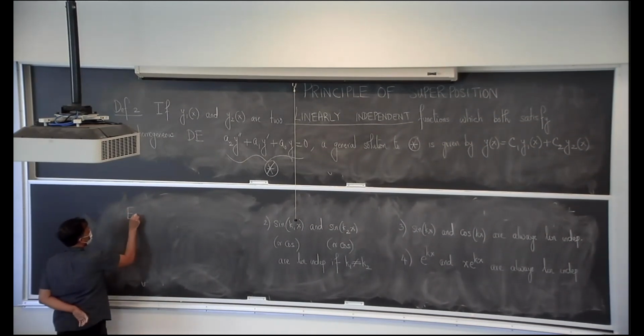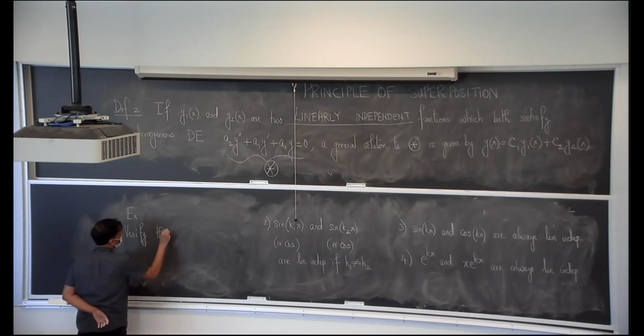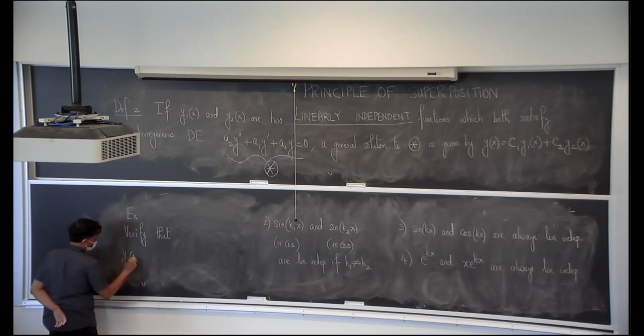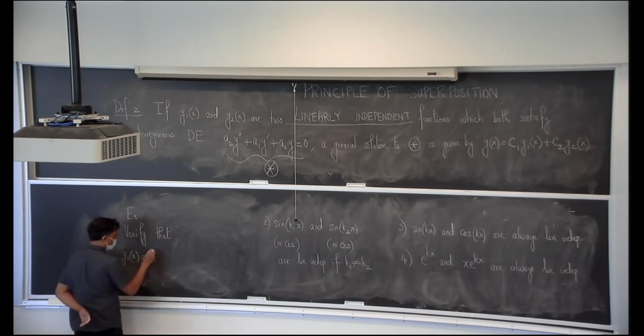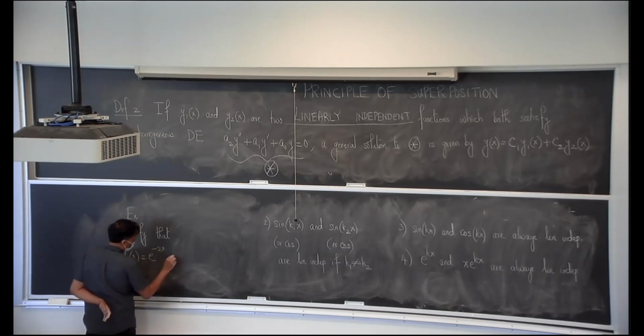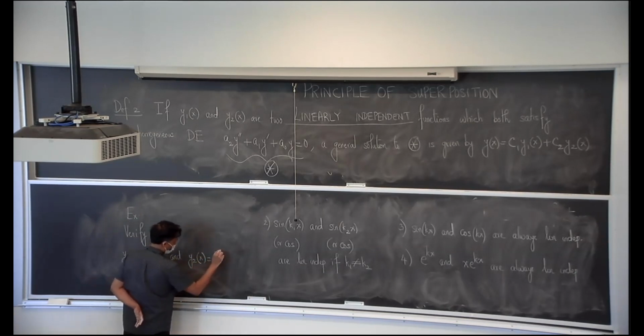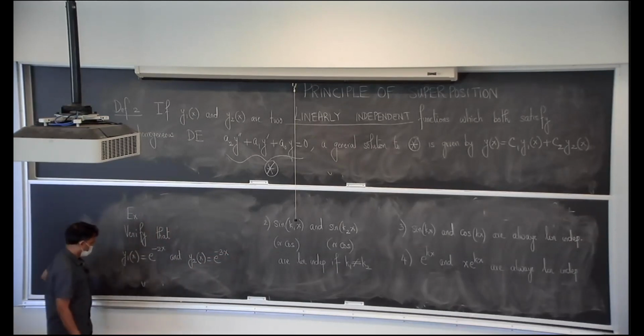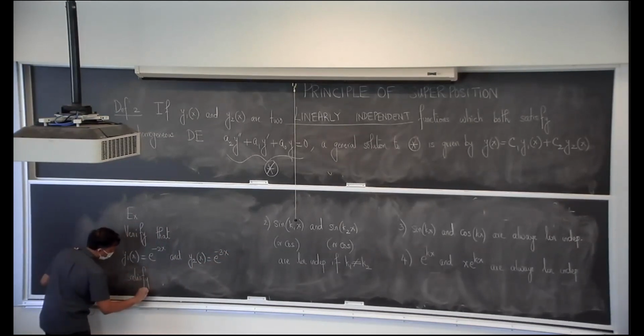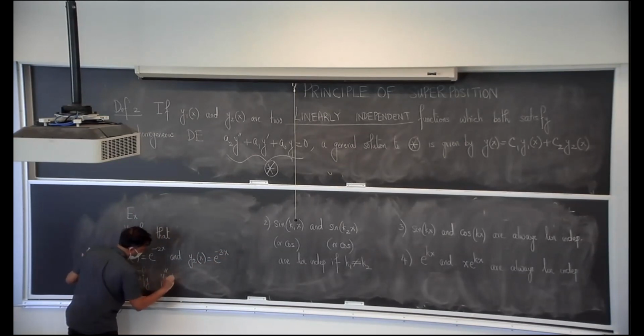Example, verify that y1 of x equal to e to the power of negative 2x and y2 of x equal to e to the power of negative 3x satisfy the differential equation y double prime plus 5y prime plus 6y equal to 0.